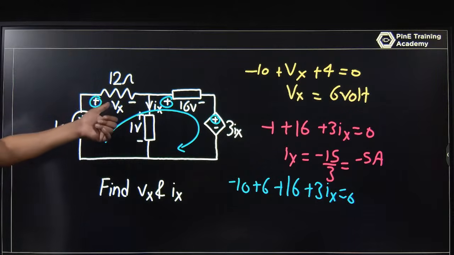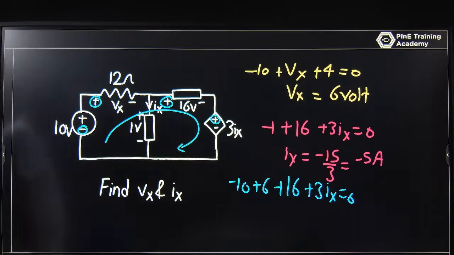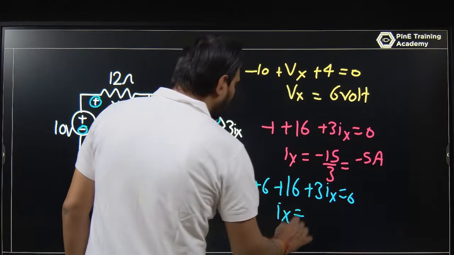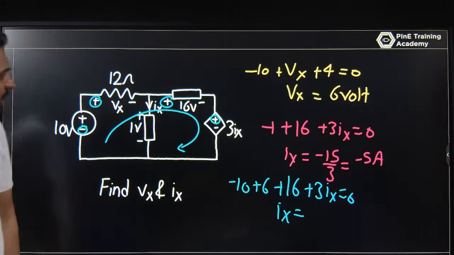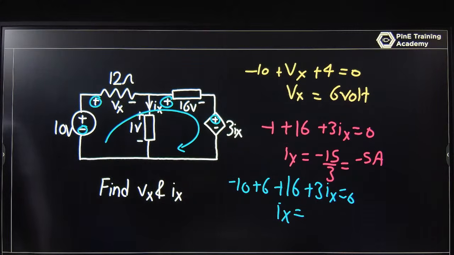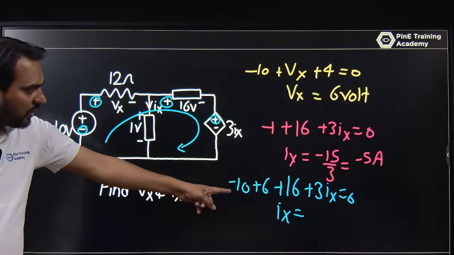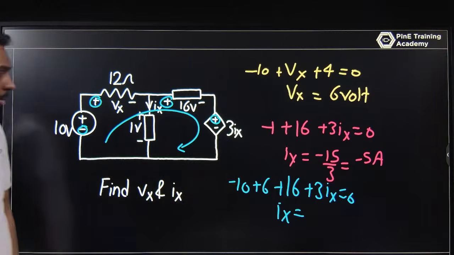Minus 10 plus Vx plus 16 plus 3Ix. What is happening? Ix is equal to, that is 16 plus 6, what is that? That is 22. 22 minus 10, it becomes 12.